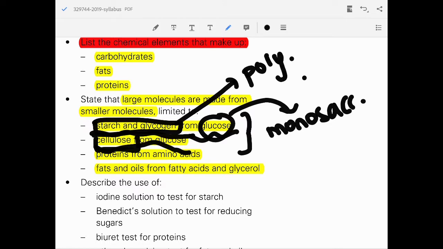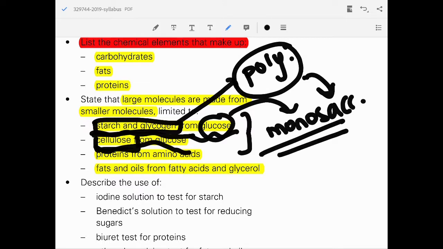So it's obvious that a polysaccharide is made of many monosaccharides. Basically, starch and glycogen are polysaccharides, and they are made of glucose, which is a monosaccharide. So starch, glycogen, and cellulose are made of glucose.